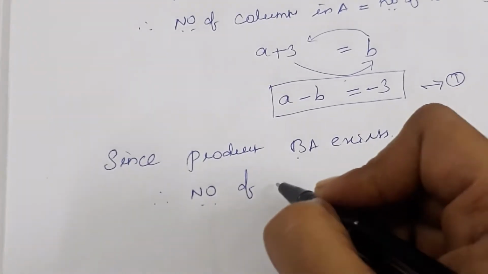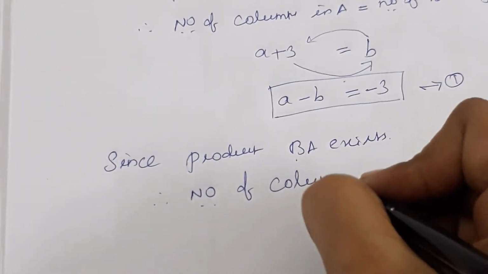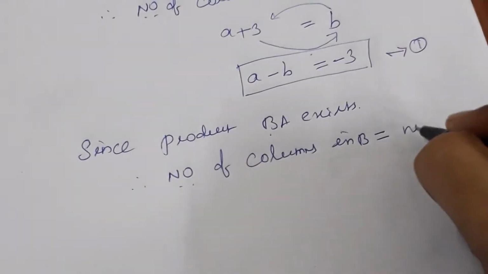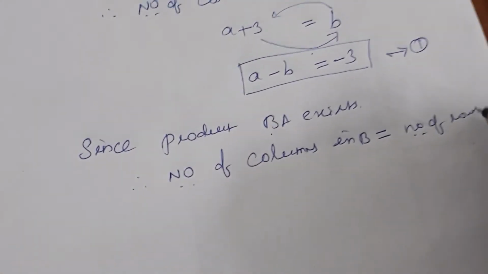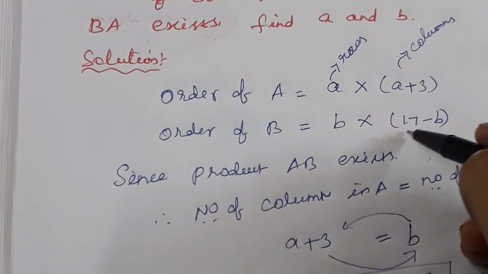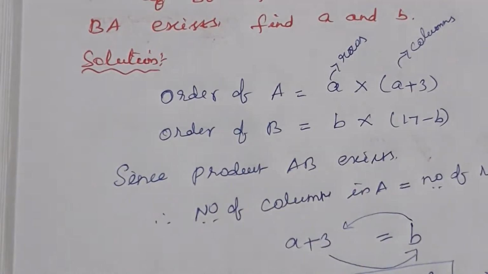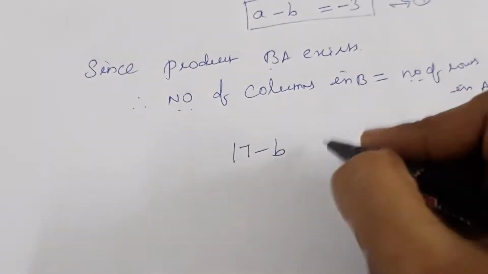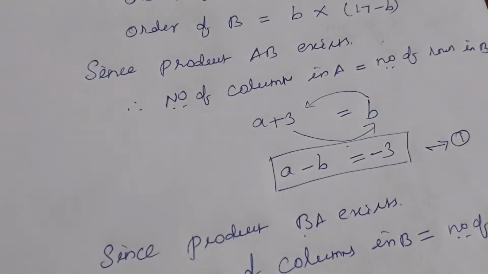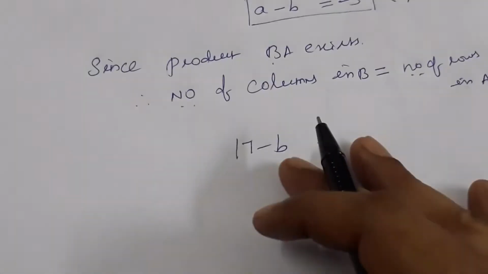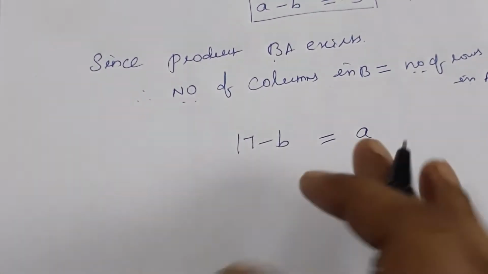How many columns in B? In B we have 17 minus b columns. So substitute here: 17 minus b equals number of rows in A. How many rows in A? a rows in A. So substitute a here.